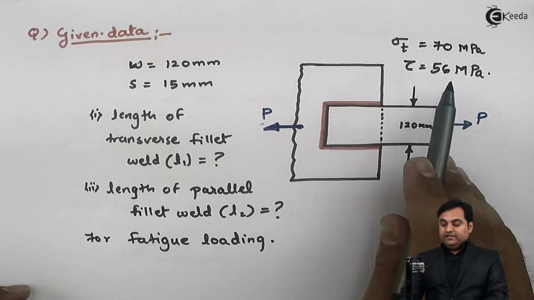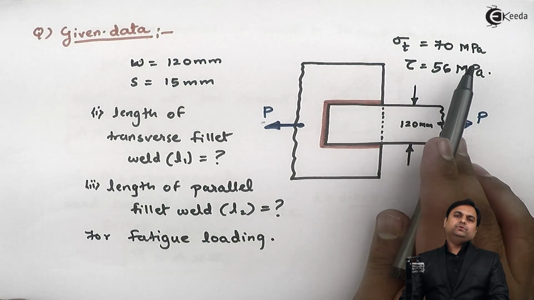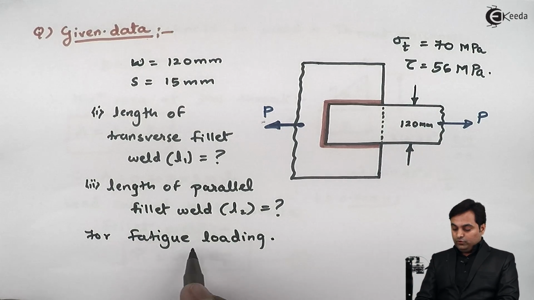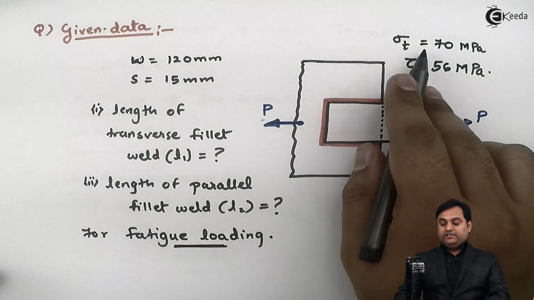Here sigma T is given as 70 megapascal, but we cannot use this value directly because the condition is given that we have to use fatigue loading condition. So this sigma T will change.